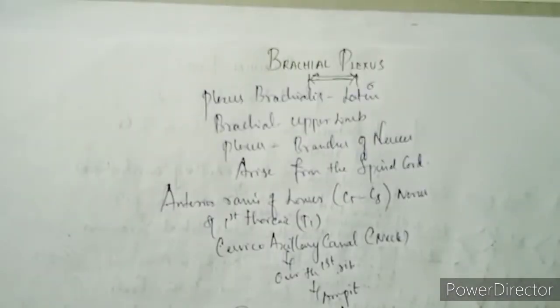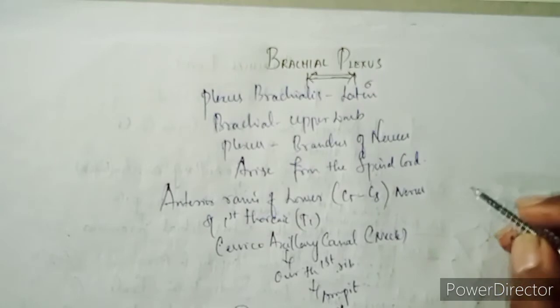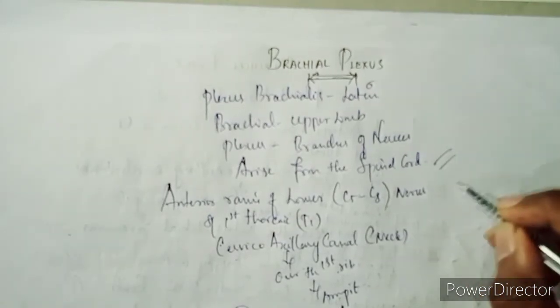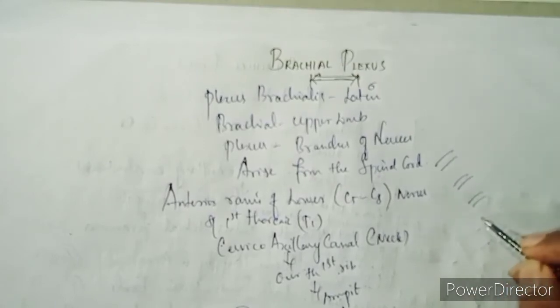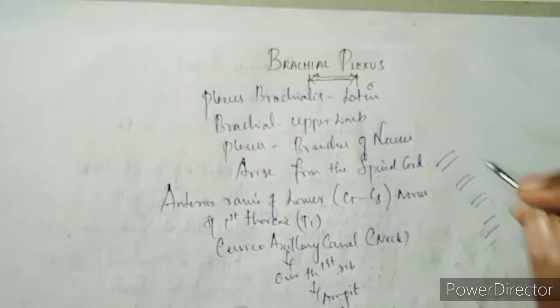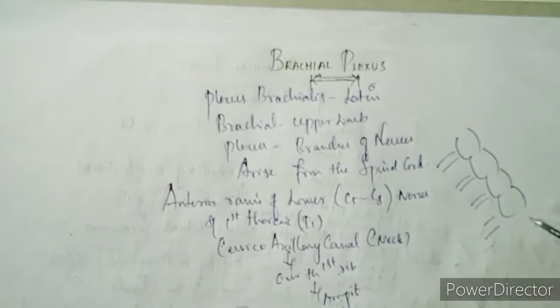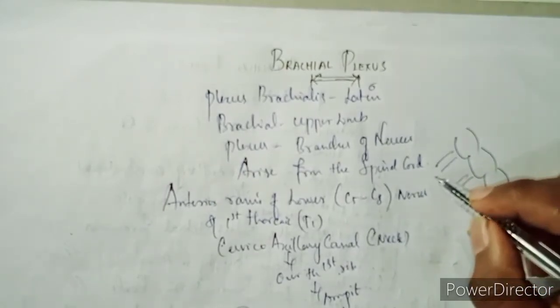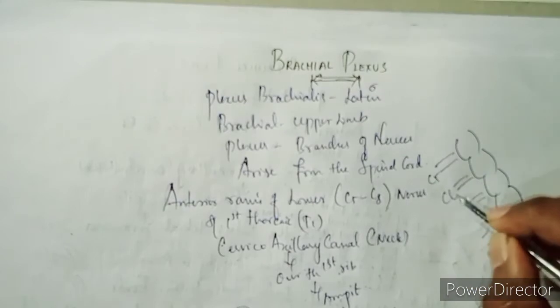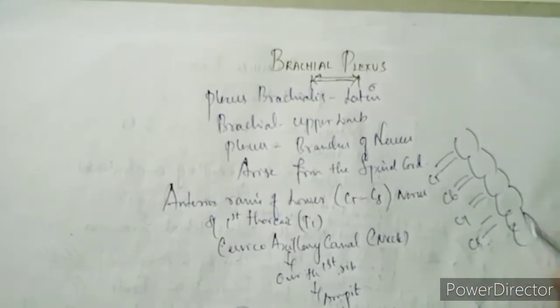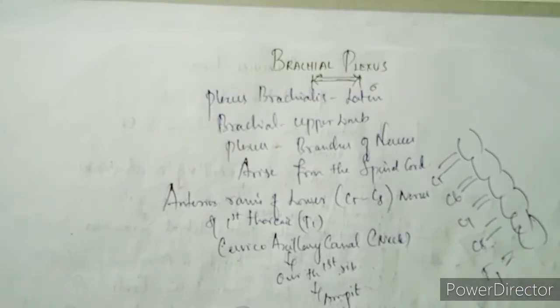Another important point is that the C5 to C8 lower cervical nerve roots go above the associated vertebrae. For example, we have C5, C6, C7, C8 and T1.